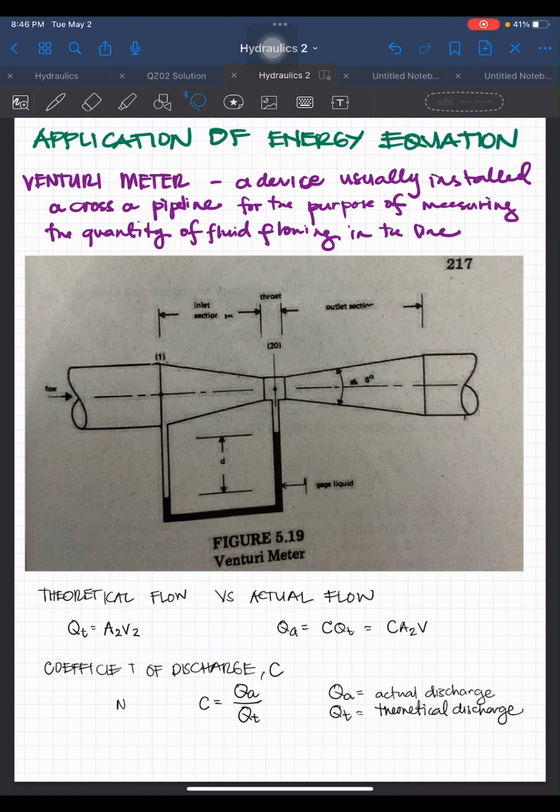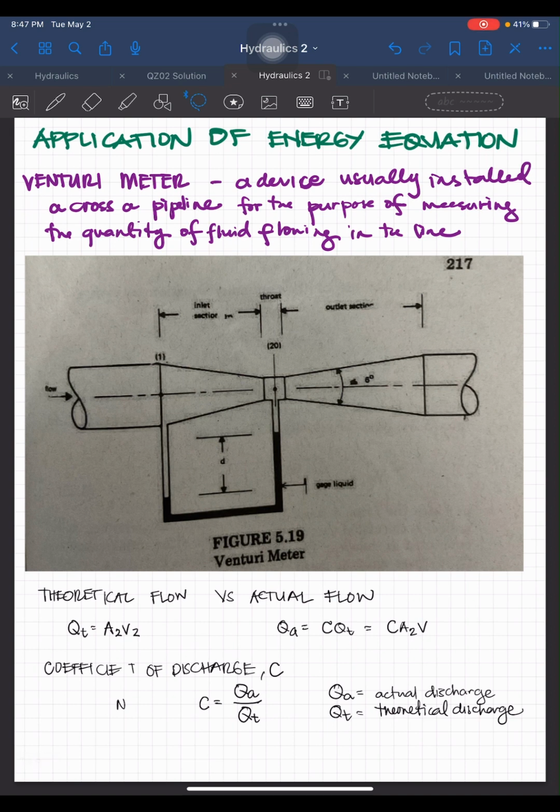And when we apply the Bernoulli energy equation directly on such problems na Venturi meters, take note then, you have to be very careful or at least very particular kung anong klaseng mga velocities yung ginagamit mo. Di ba kasi makikita mo na lang sa Bernoulli energy equation ay velocity.